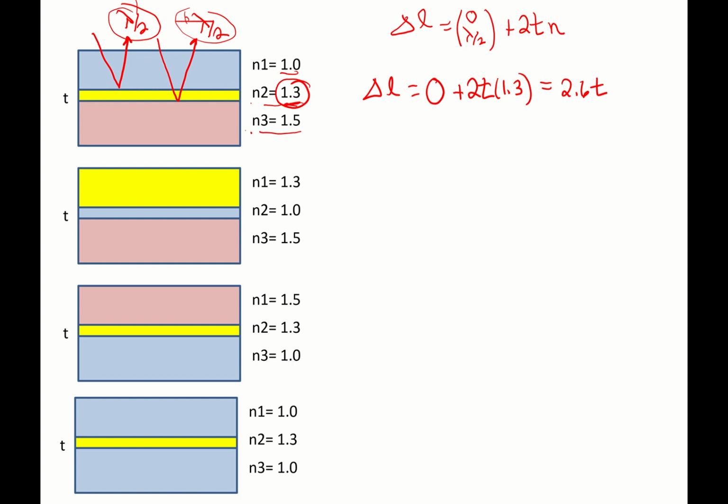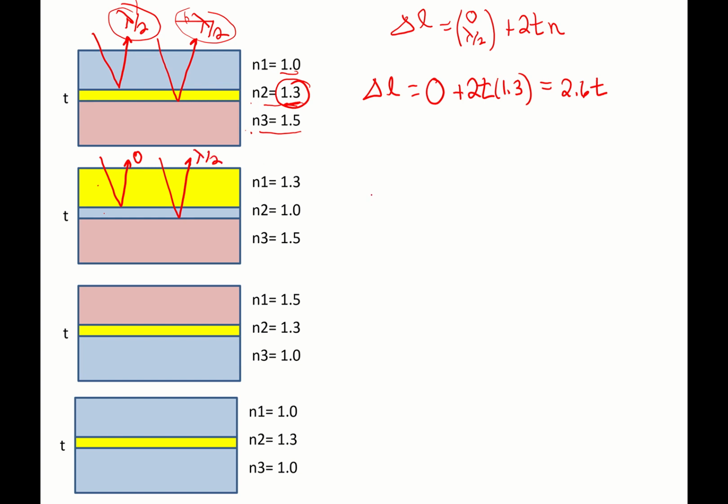All right, now let's consider where I've got air trapped between two different materials, 1.3 and 1.5. What's going to happen there? From the top surface, I'm going from 1.3 to 1.0, which is going to lower, so there's 0 phase shift. When I reflect from the bottom, I'm going from 1 to 1.5, so now I shift by pi, or lambda over 2.